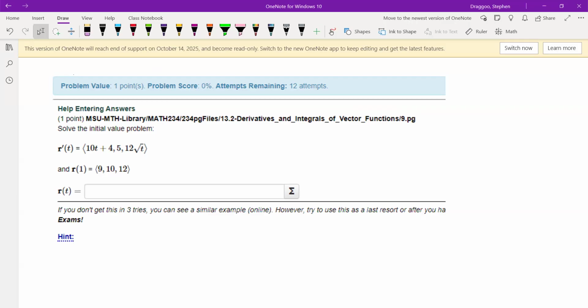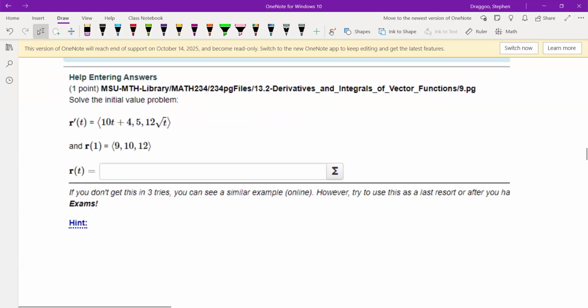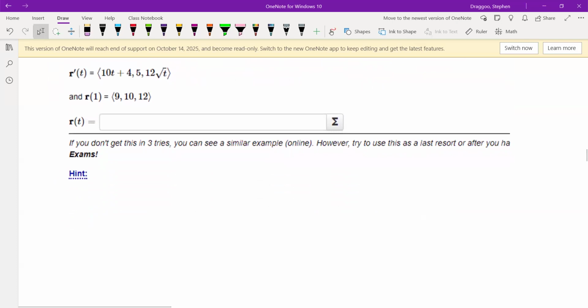Given r prime is that derivative vector, and r of 1 is 9, 10, 12, find the original function, so solve the initial value problem. So we start with r of t equal to the vector that is just the integral of each of these pieces.